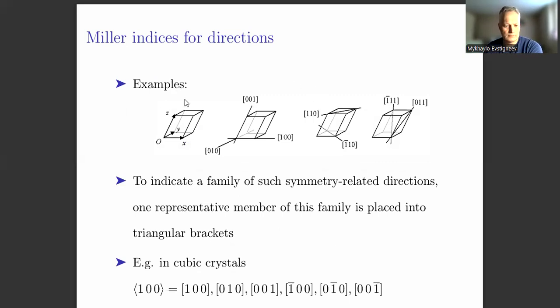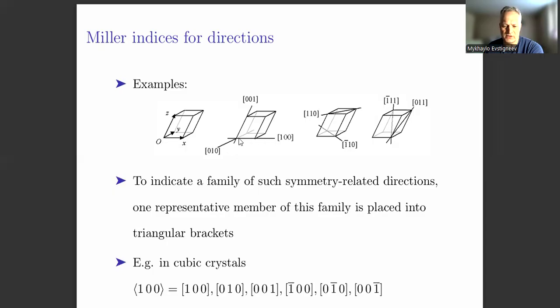A triclinic lattice, so arbitrary translation vectors, arbitrary angles between the translation vectors. So these are the simple directions. This one, for example, is 1, 0, 0.